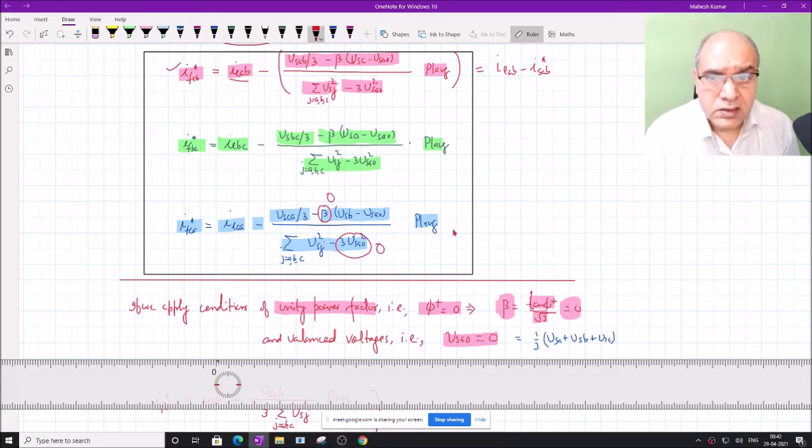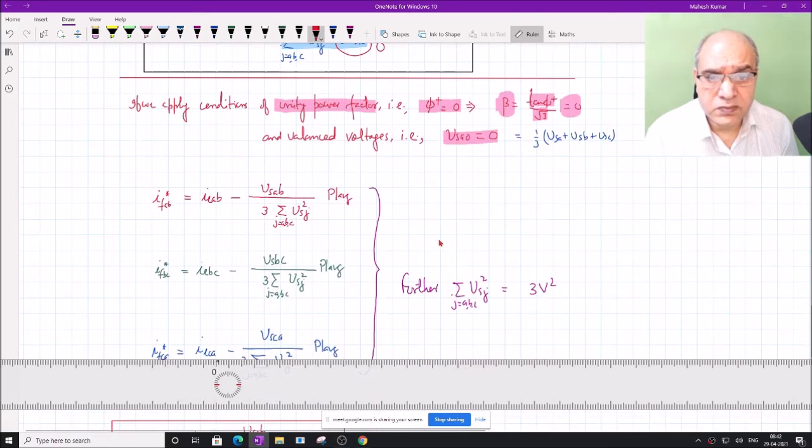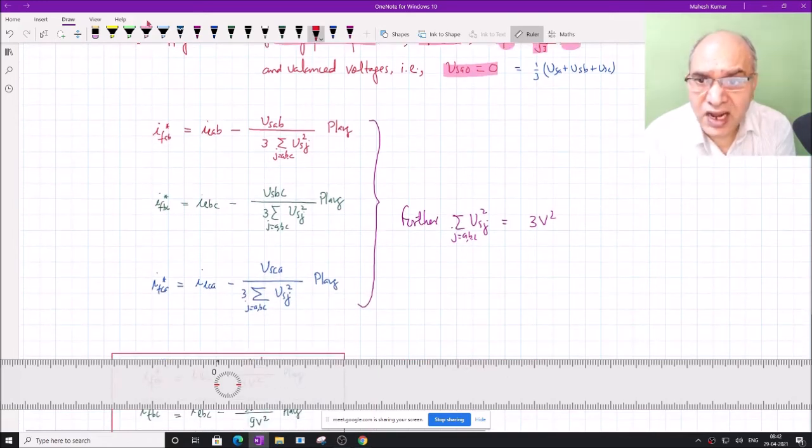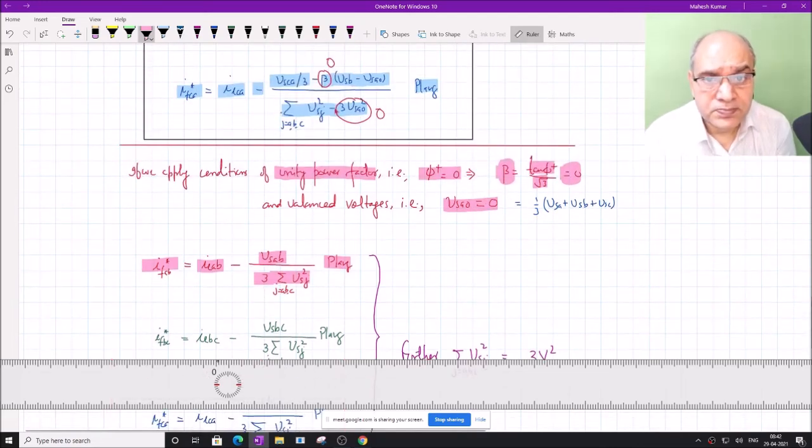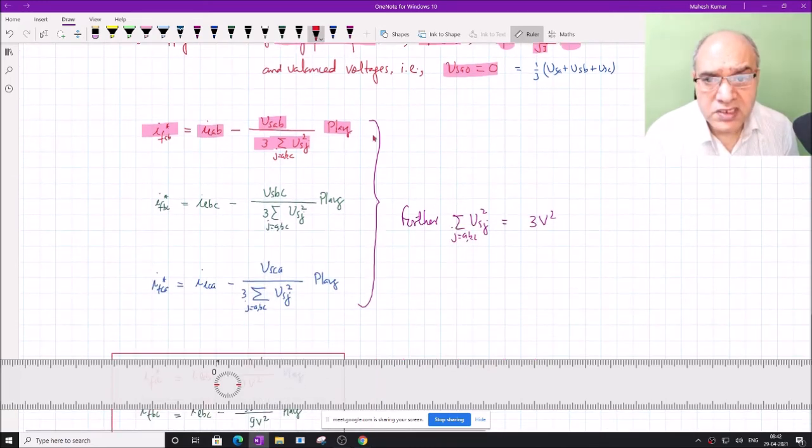Then the compensator filter currents become IFAB star equal to ILAB minus VSAB by 3 times of sigma VSJ square into PL average, because this 3 will come down here, so 3 times of sigma VSA square, and here it becomes VSCA, or VSAB.